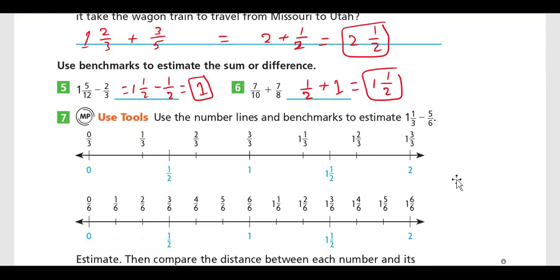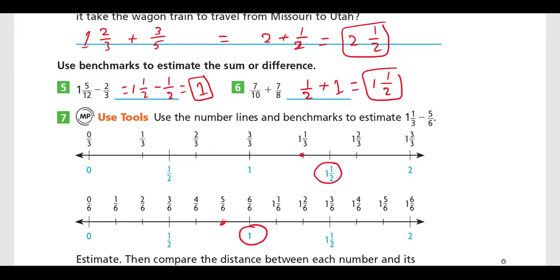So 1 and 1 over 3, use this line. So this is 1 and 1 over 3. It's close to 1.5. 5 over 6 is close to 1.